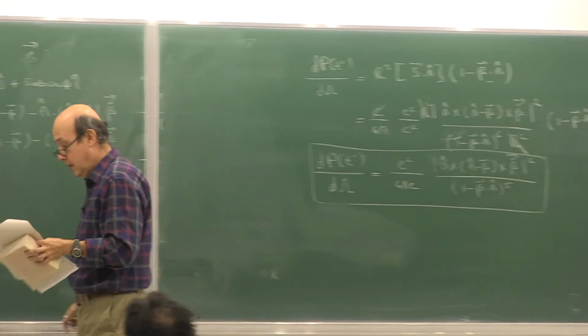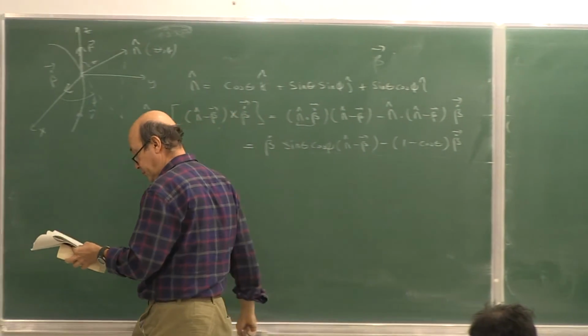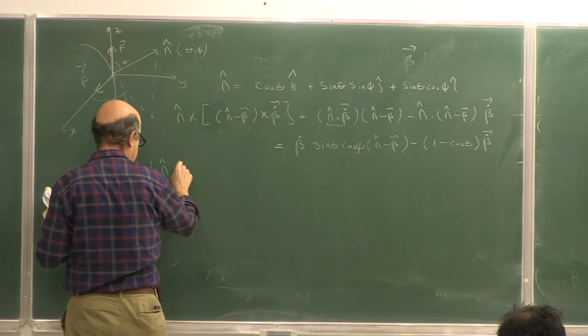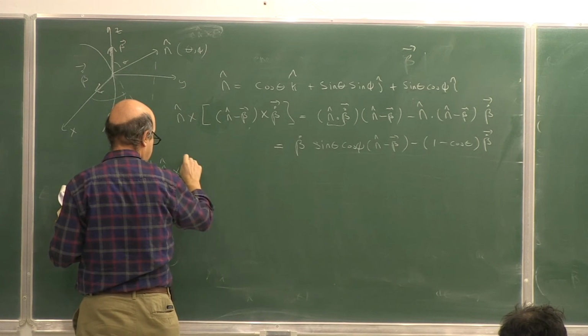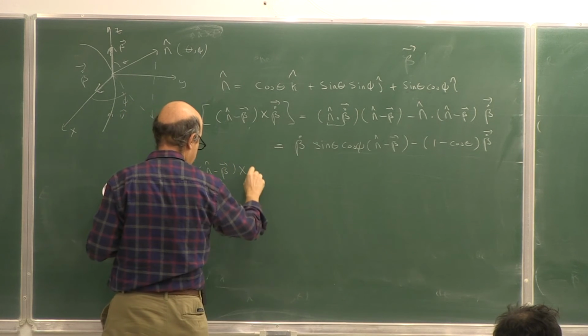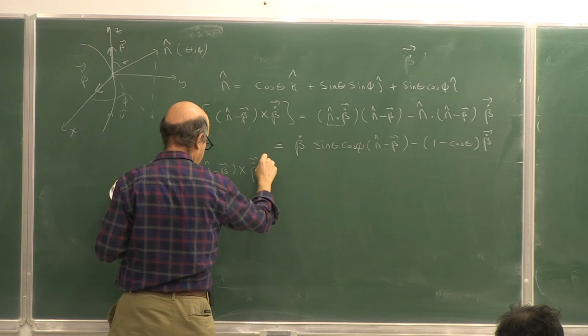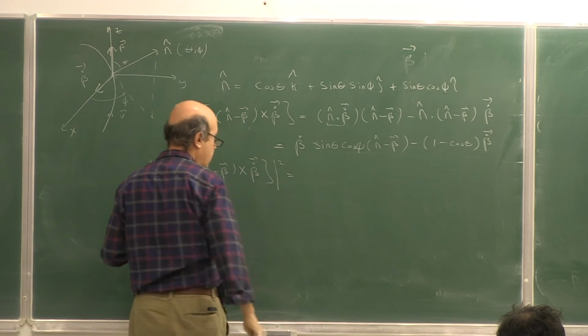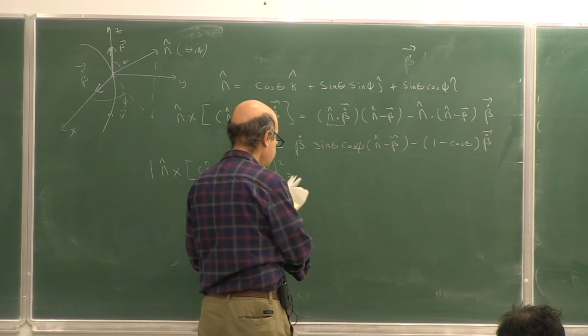So look at here. What I need, I have to take the square of this, n cross n minus beta cross beta dot. So what will be the square?